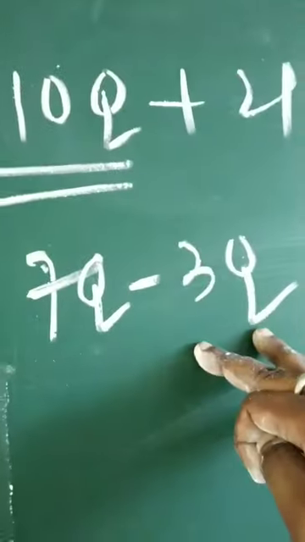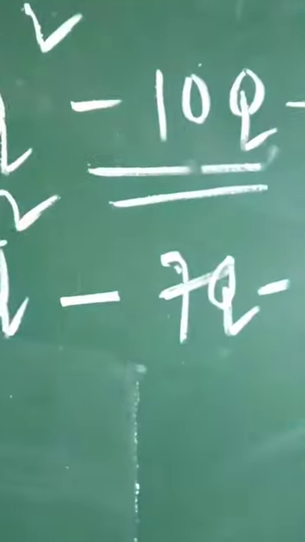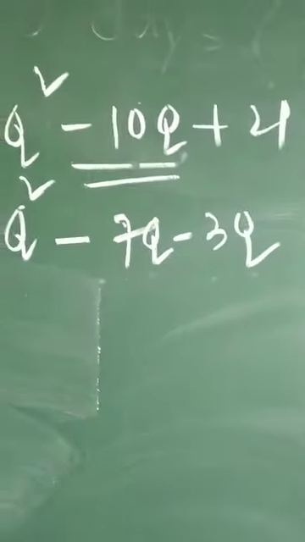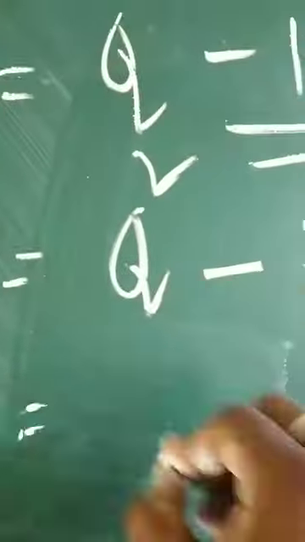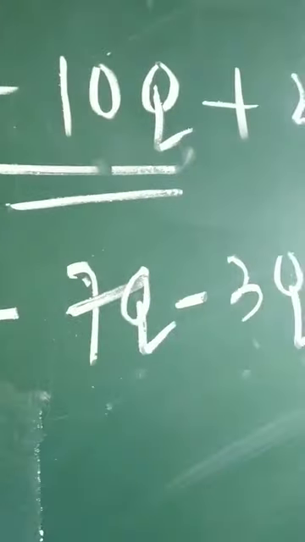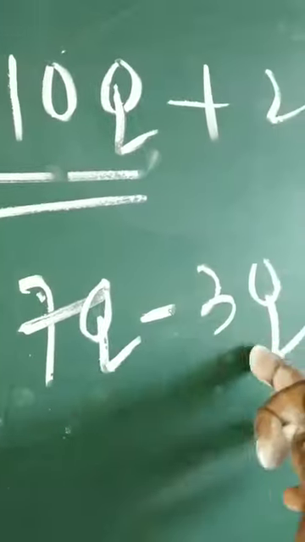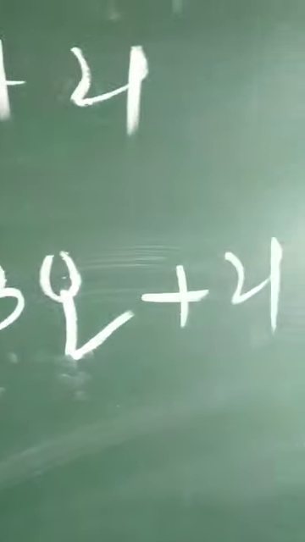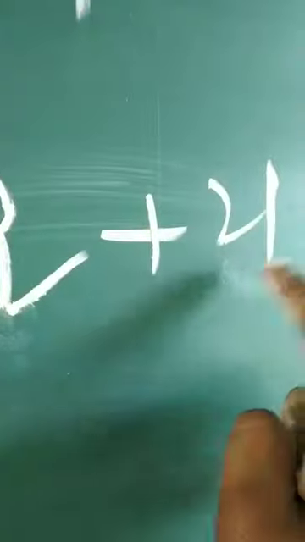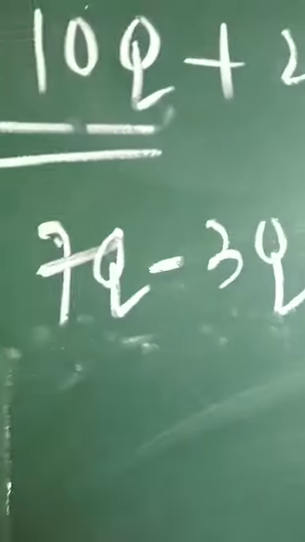Minus 7q minus 3q results in minus 10q. Yes or no? Yes. Plus 21 as it is. Now the question is, sir, why minus 7q and minus 3q? Because 7 and 3, if I take these numbers in this way, 21 can be factorized. I just wanted to factorize 21. It was in my mind. That's why I've chosen these two numbers.